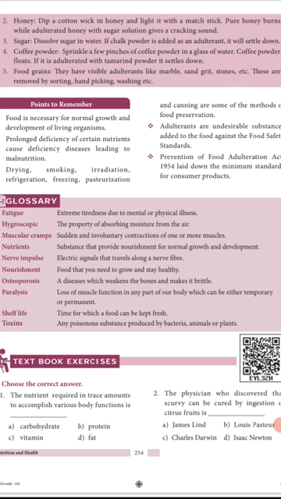Vitamins: fat soluble vitamins are A, D, E, K, and water soluble vitamins are B1, B2, B3, B6, B12 and vitamin C. Then protein deficiency diseases, that is Kwashiorkor and marasmus, and food hygiene and food preservation. Methods of food preservation are given in our book: drying, smoking, irradiation, cold storage, freezing, pasteurization and canning.